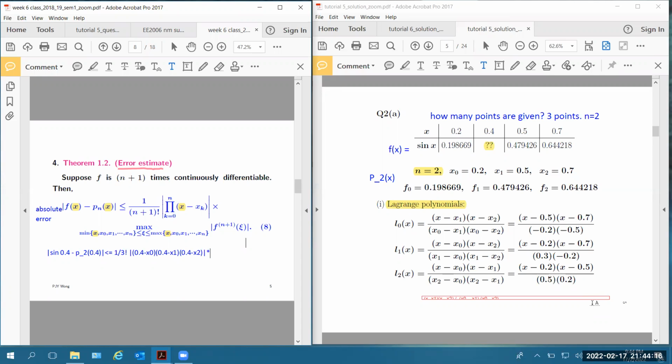And then I want to multiply the maximum of this thing, right? So maximum, well, there's a subscript. The subscript here is my xi.